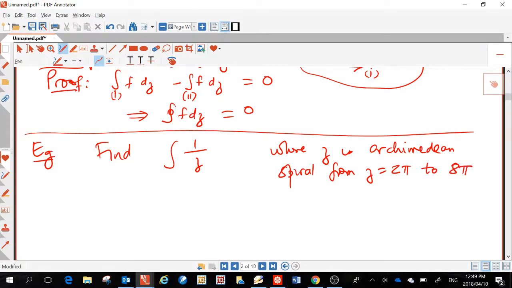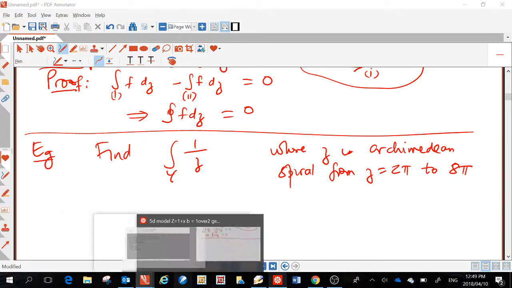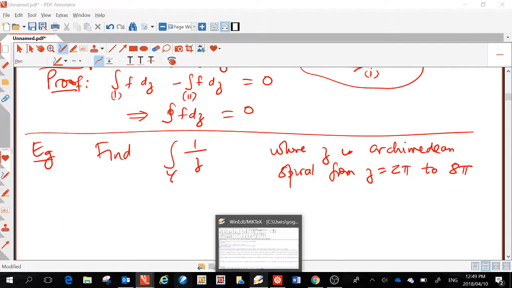Something like that. That was the problem. Along the path gamma. The trouble with choosing an arbitrary example is that it ends up not working.